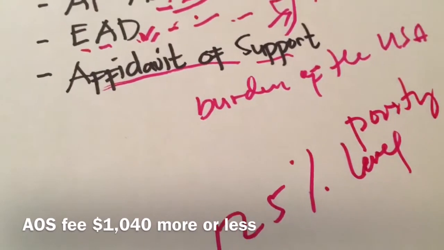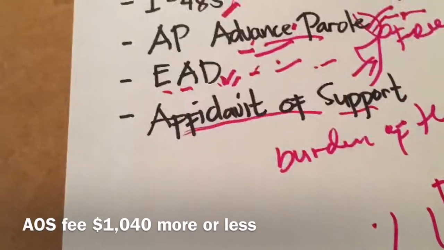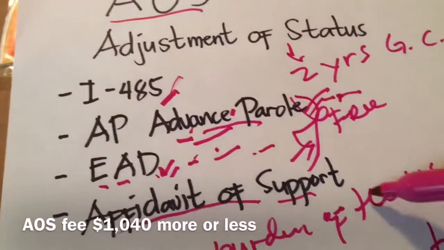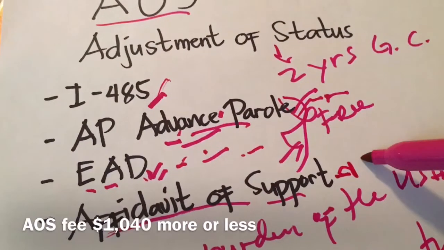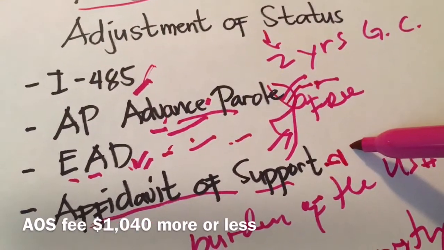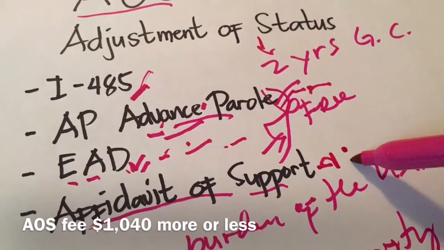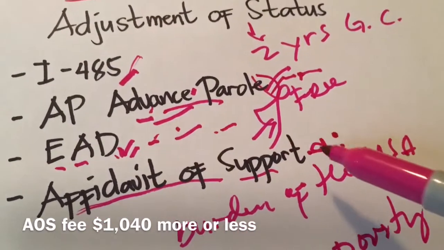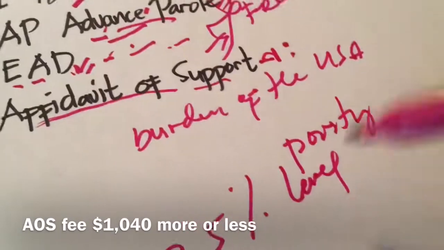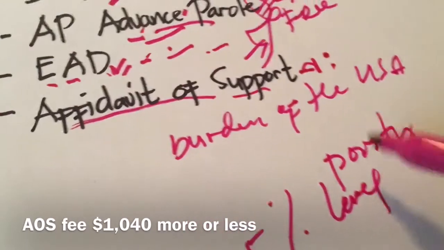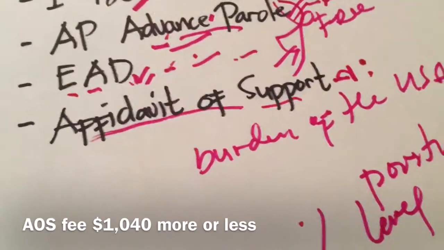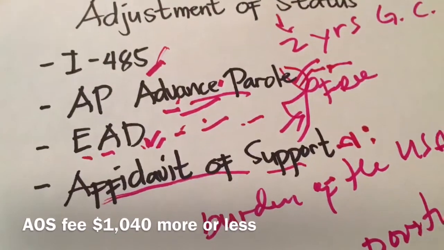Same as with the affidavit of support for adjustment of status, your petitioner will be responsible for you financially, that he or she can support your needs while you are in the US. Same as with the K1 visa, it also needs the affidavit of support, that he or she can support your stay in the USA.